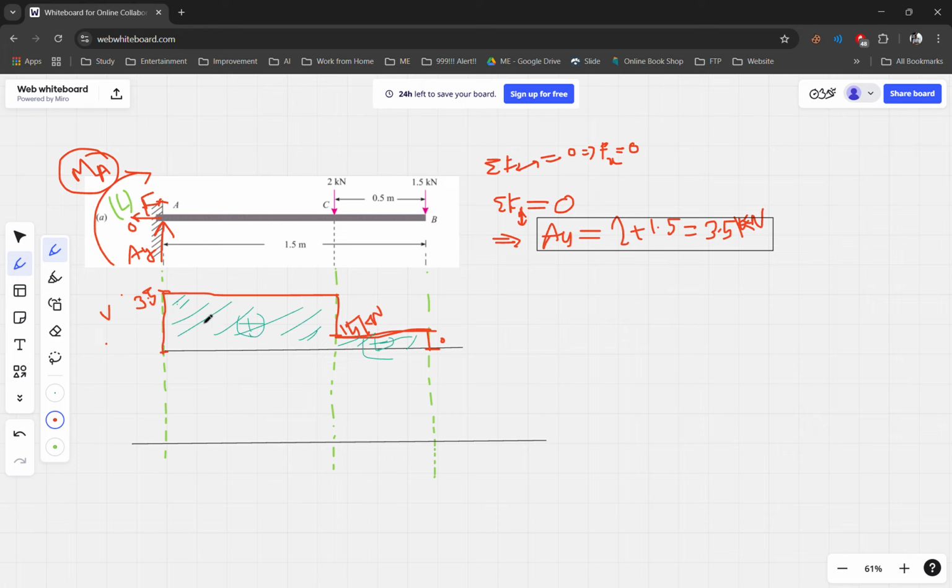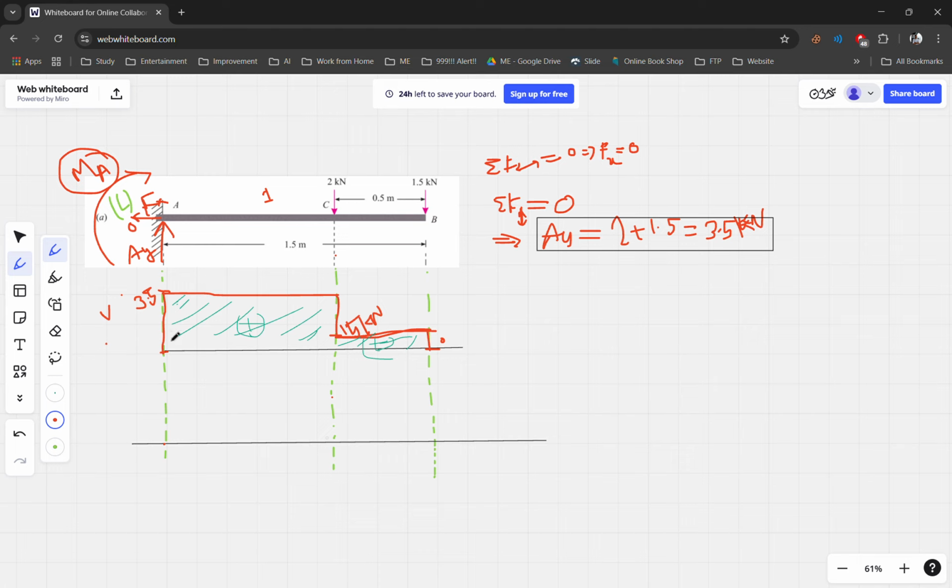Also we can calculate the moment from this. If you calculate the distance from this point to this point, it will be 1.5 minus 0.5, it means 1, right? So 1 multiplied by 3.5, that will be 3.5.